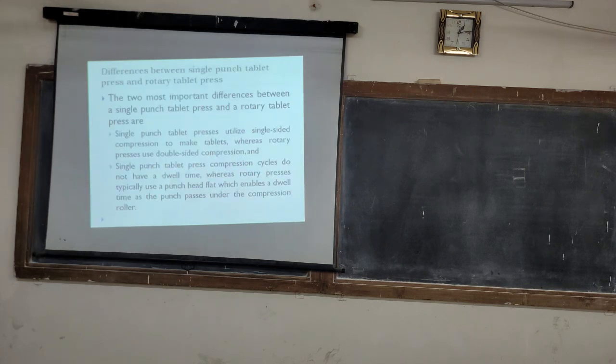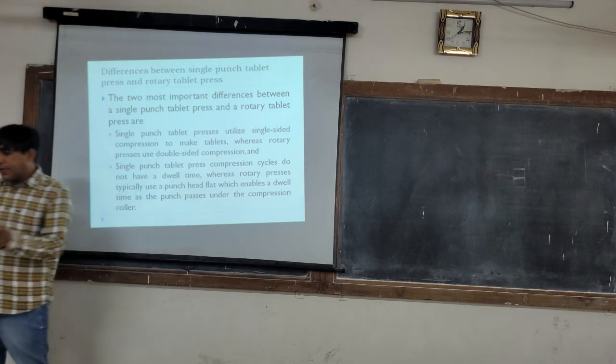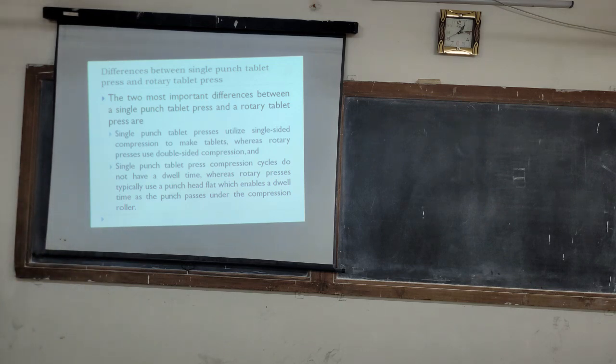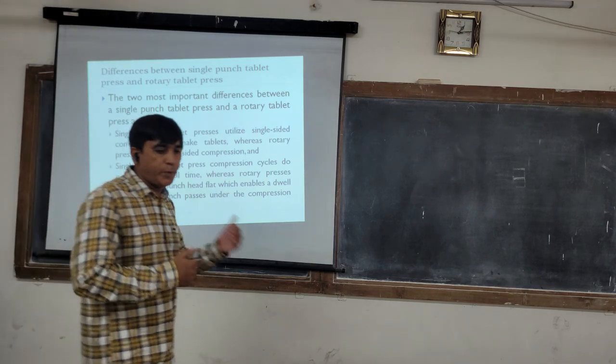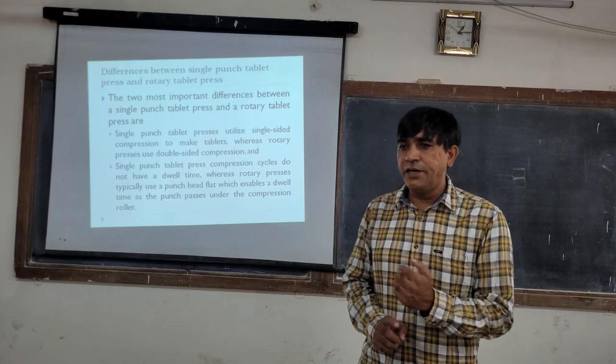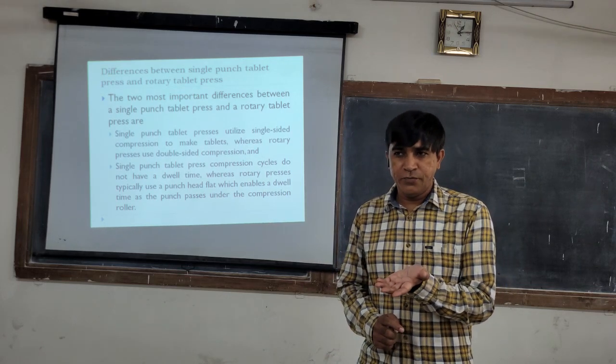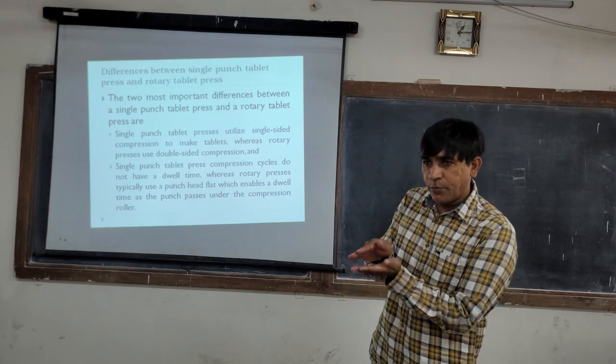The single punch tablet press compression cycle does not have a dwell time. Dwell time is an important parameter that will decide the stability of the tablet after preparing it. There are some materials which are elastic in nature and they will try to regain their original size and shape. When they are compressed, they get compressed.